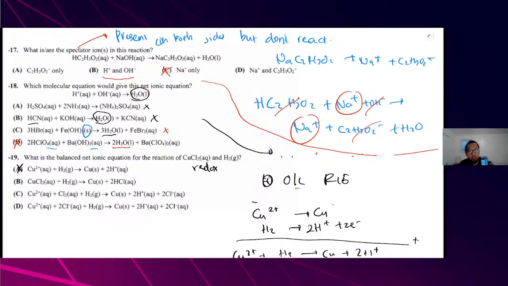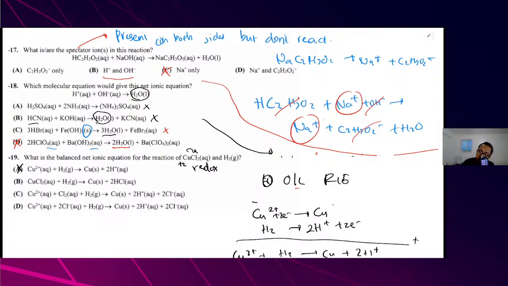So like I mentioned, we need to understand first which one is oxidation and which one is reduction. Cu from this one is already plus 2, and we want to make it 0.